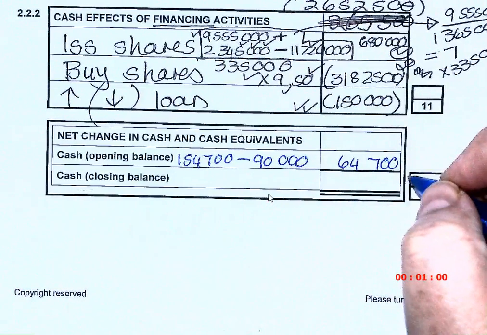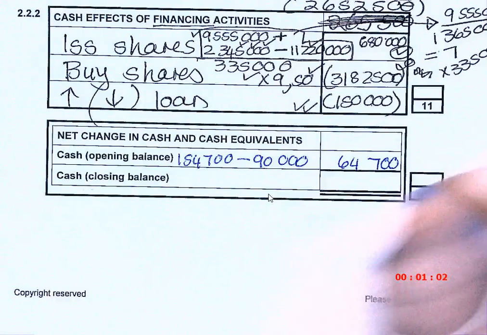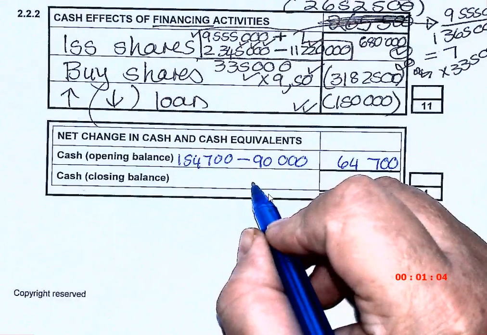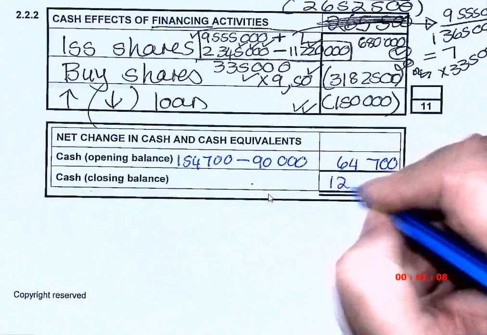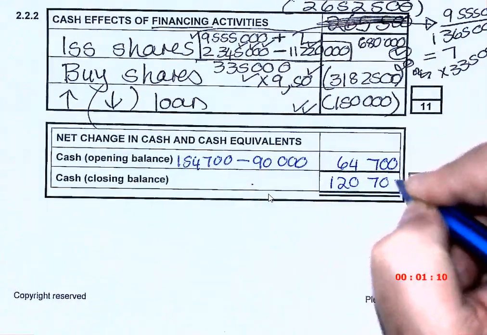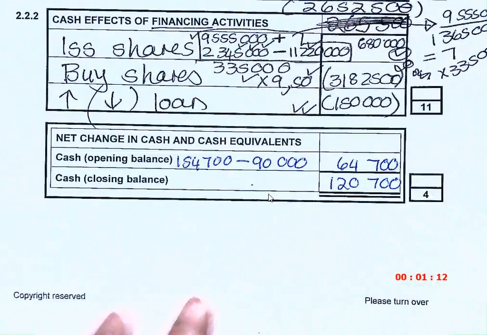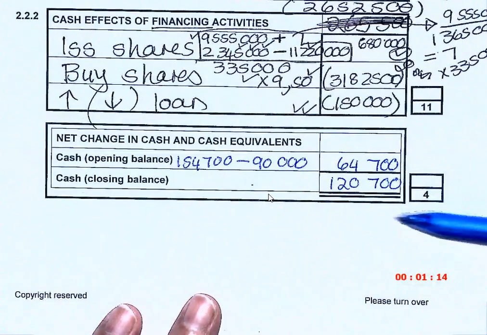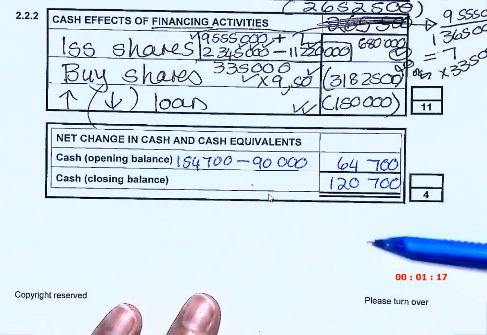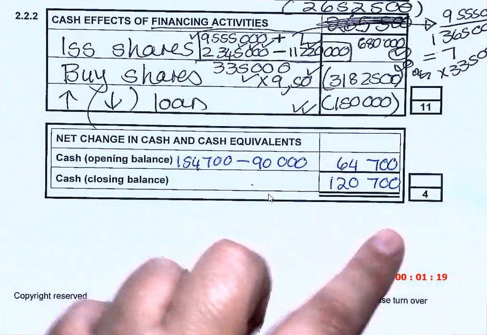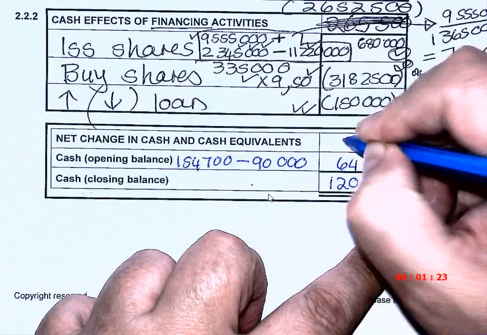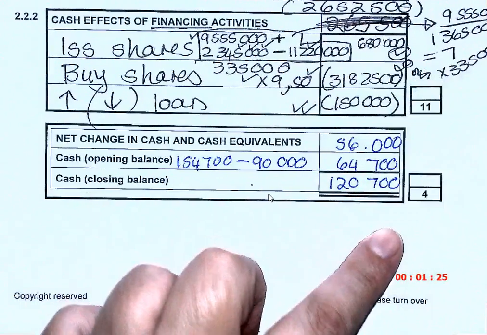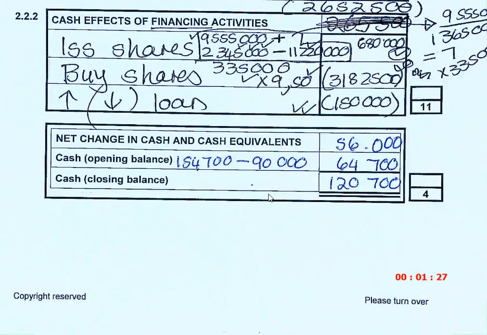With the new year, the closing balance, there is no bank overdraft. There's only a cash of 120,700. So if I reverse it, it's going to be 120 minus 64, and that's going to give me 56. Right.